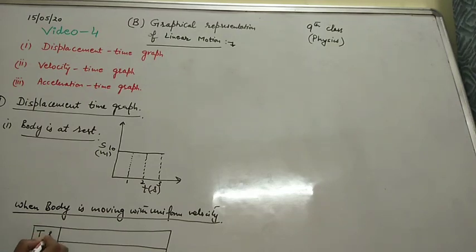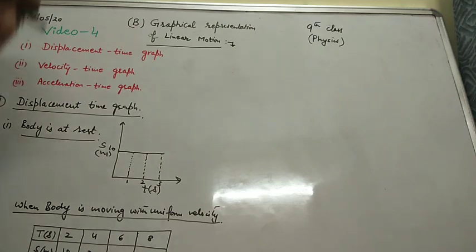The time is in seconds and displacement is in meters. For 2 seconds, suppose the displacement is 10 meter. For 4, 20. For 6, 30. And for 8, 40 meter.